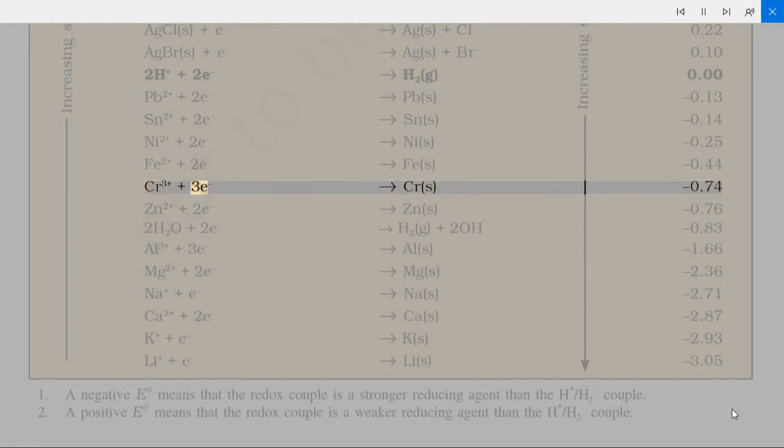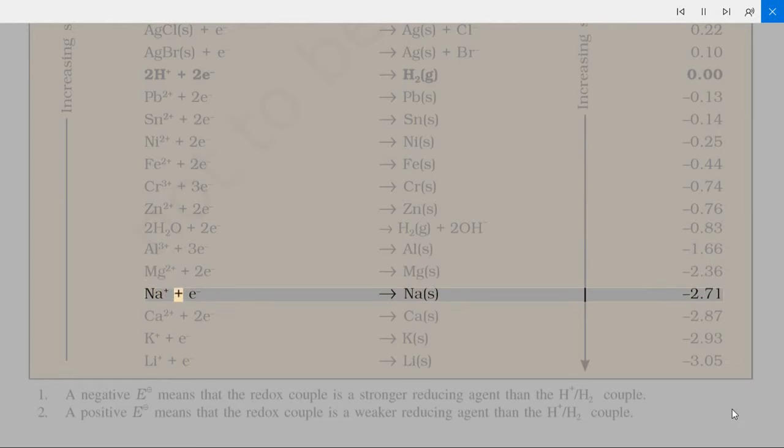Cr3+ + 3e- gives Cr(s), -0.74. Zn2+ + 2e- gives Zn(s), -0.76. 2H2O + 2e- gives H2(g) + 2OH-, -0.83. Al3+ + 3e- gives Al(s), -1.66. Mg2+ + 2e- gives Mg(s), -2.36.